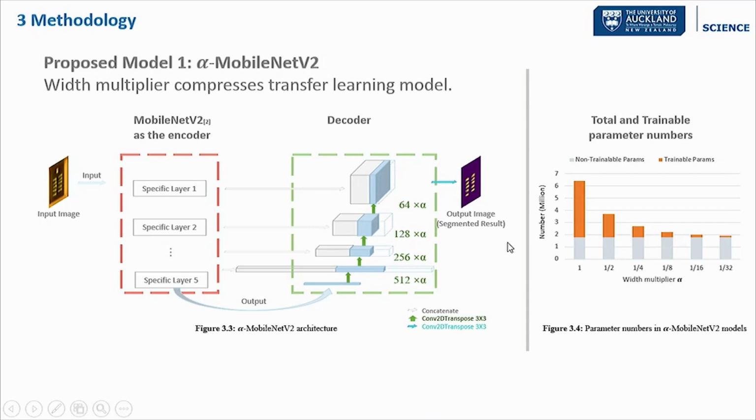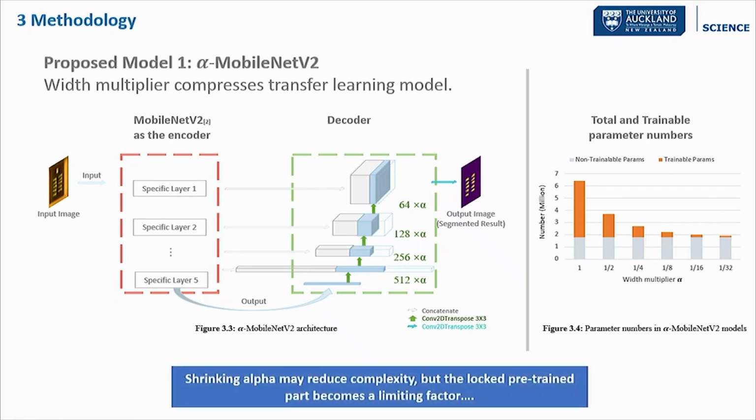By this process, we are able to get our proposed model. We call it alpha MobileNet v2. The benefit of it is that if we change the alpha, we are able to get a series of different models with similar structure, but we can progressively simplify it.